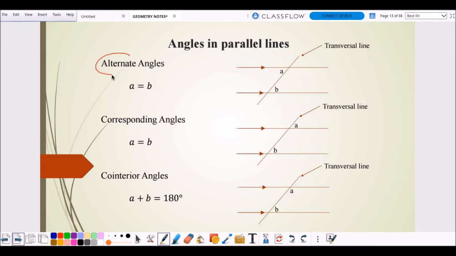An alternate angle is basically when you have an angle that's the same as an angle on the other side. So generally you'll find a question where you have 2 parallel lines and you have this thing called a transversal. Just think of it as a split between the 2. Okay, so they all have transversals. An alternate angle is when an angle on one side of the transversal is the same as an angle on the other side.